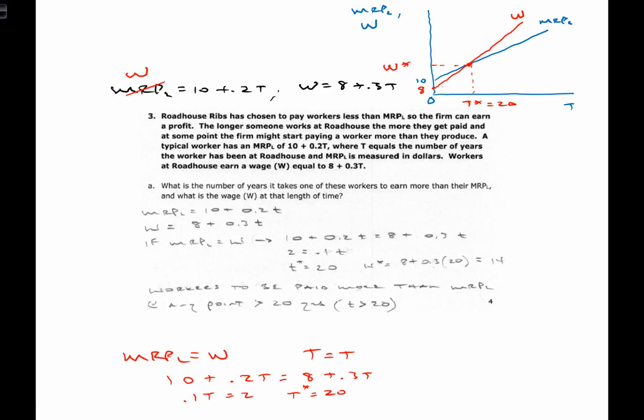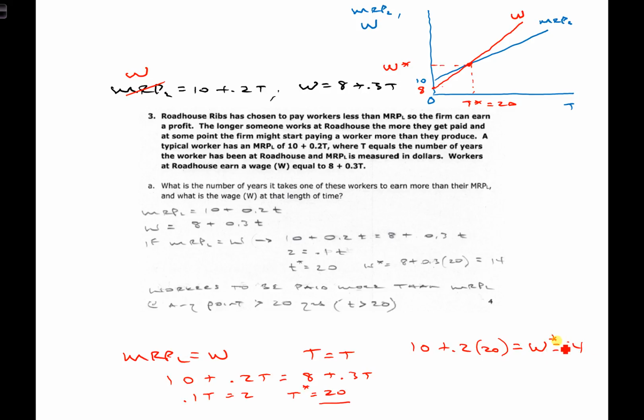All right. Well, if t star is equal to 20, then, using some of the same algebra we've used so many times in this course, we can take this value of 20, plug it back into either of these equations, and we can then find the value of W or W star. So let's put it into this marginal revenue product of labor equation of 10 plus 0.2 times 20, and that's going to equal our wage, in this case, which is going to equal 14.